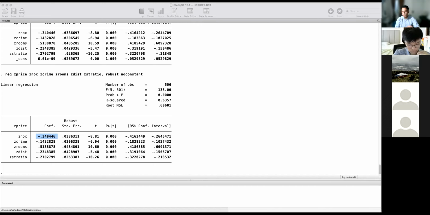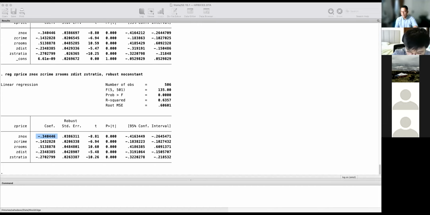Okay, so an increase in the nitrogen oxide concentration in the air by 1 standard deviation is going to change the house price by 0.34 standard deviation. Of course we don't have to say it all the time, but remember that the interpretation assumes that all factors are held constant, so basically, ceteris paribus.